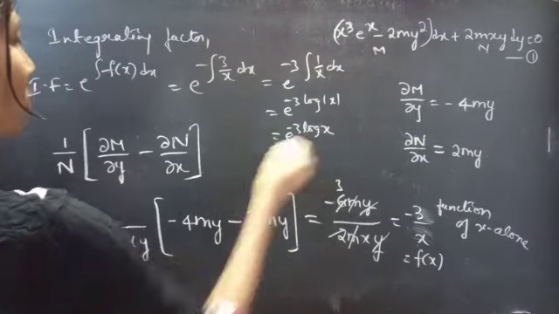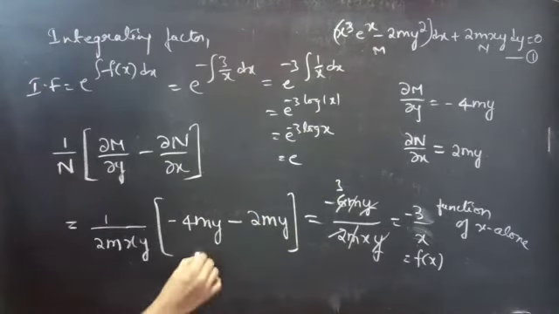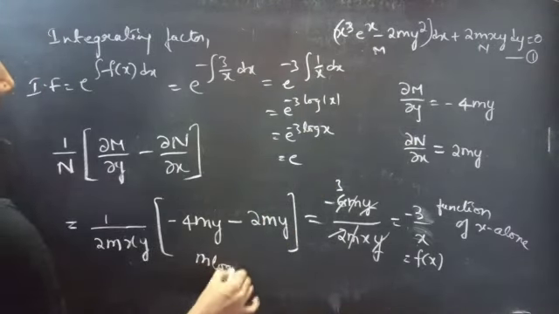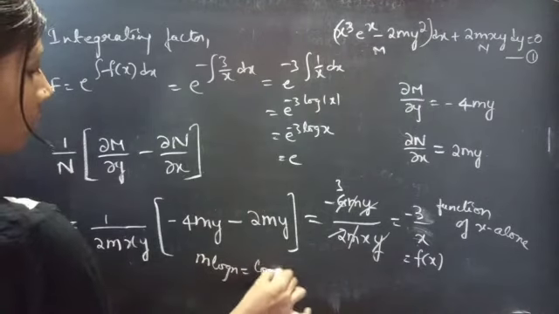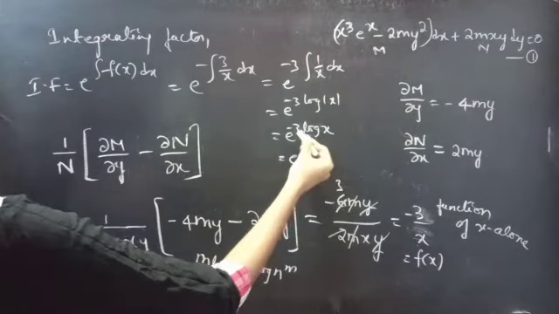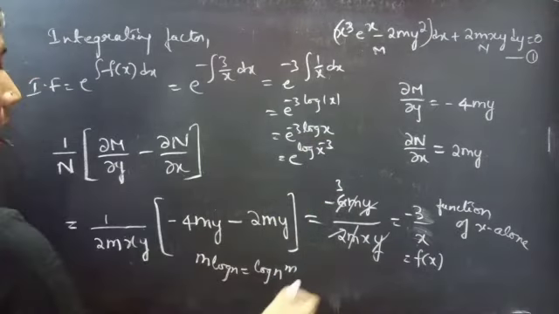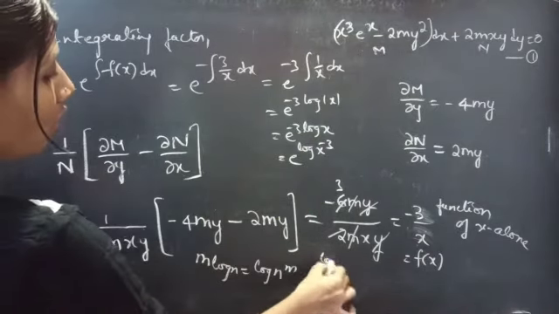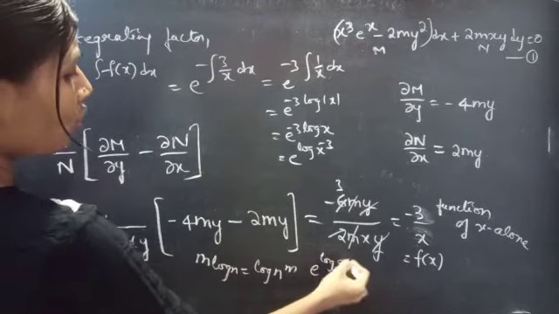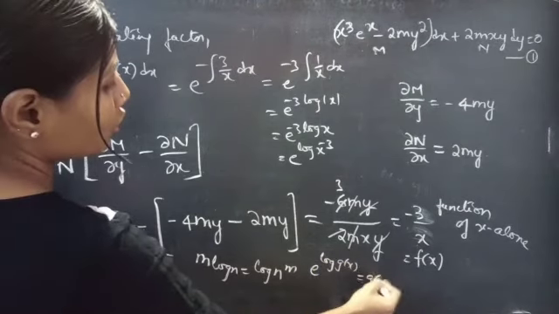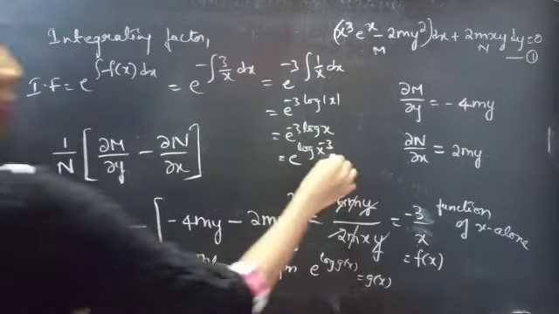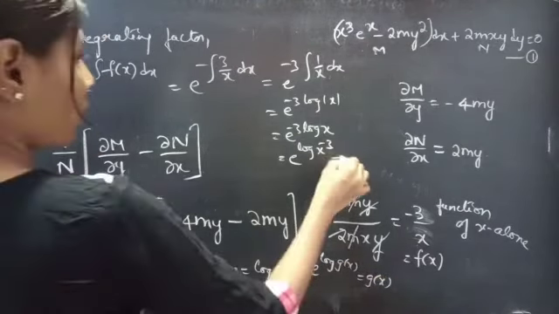Since we know that m log n can be written as log n^m, you can write -3 log x as log x^(-3). And also we know that e^(log of a function of x) can be written as the function of x. So here our function of x is x^(-3), which is the reciprocal of x^3. Okay. So this is the integrating factor.